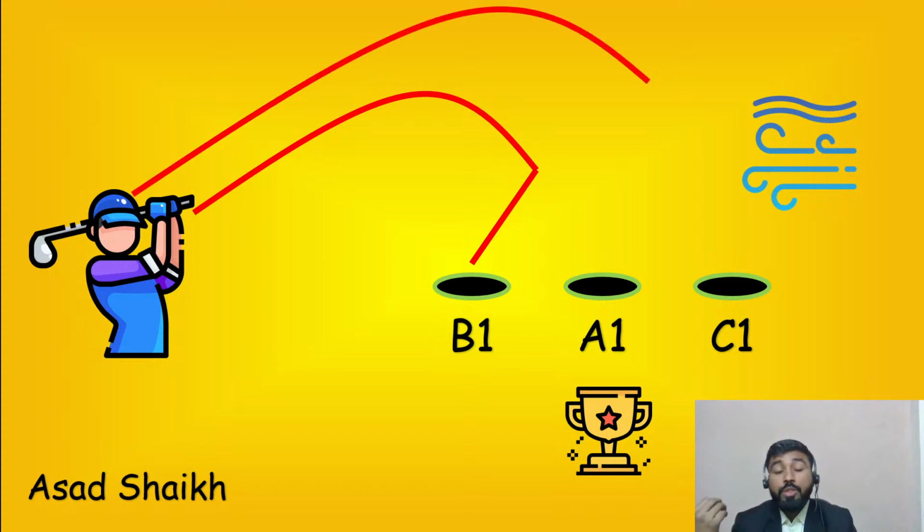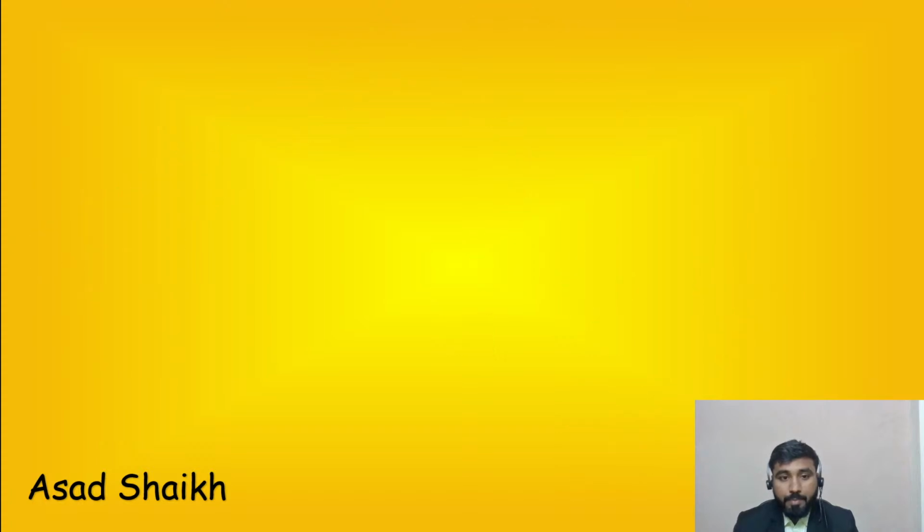So what you do is aim for C1. As soon as I aim for C1, eventually the wind is going to come, which is an uncertain factor, but to some extent you can manipulate it. Okay, fine, it causes your ball to move 10 centimeters behind, and then you get to A1. So basically you try to understand how the non-linearities of wind work, and then eventually you get to your point. This is the same concept when it comes to your valve characteristics.